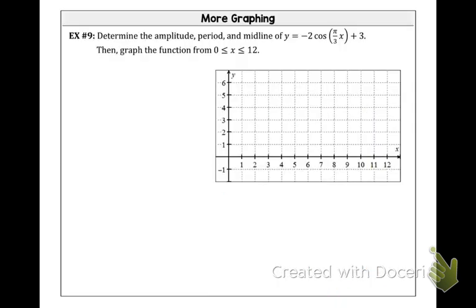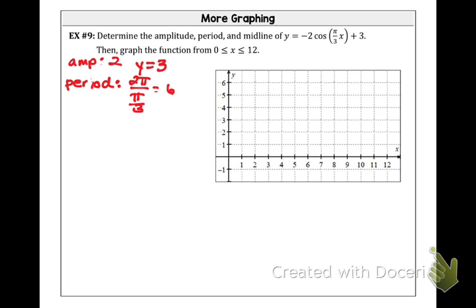Example 9, determine the amplitude, period, and midline of our graph. Amplitude we know is 2. My midline is going to be y equals 3. My period is going to be 2 pi divided by 1/3 of a pi, which is just going to be 6. All right, so that means, and we have no phase shift, right?